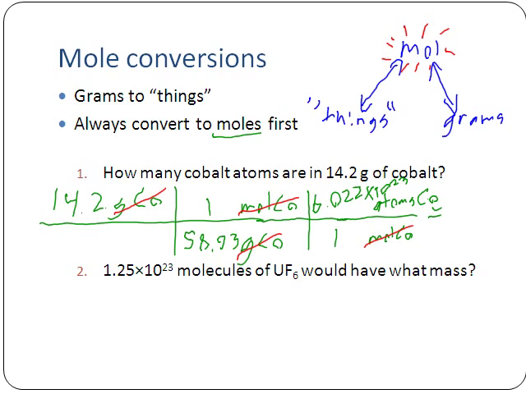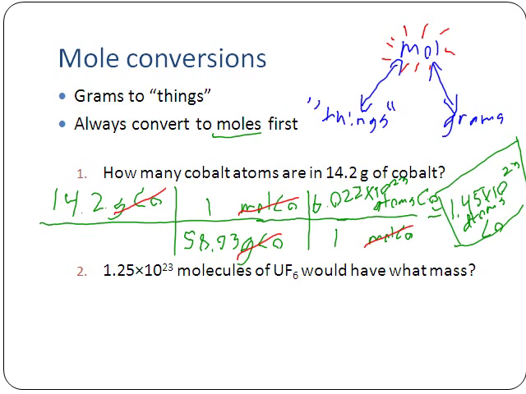Since our original value had only 3 significant figures, then this one will too. So 1.45 times 10 to the 23rd atoms cobalt. And so that is going to be our final answer, 1.45 times 10 to the 23rd. So that's how you'd set that up.